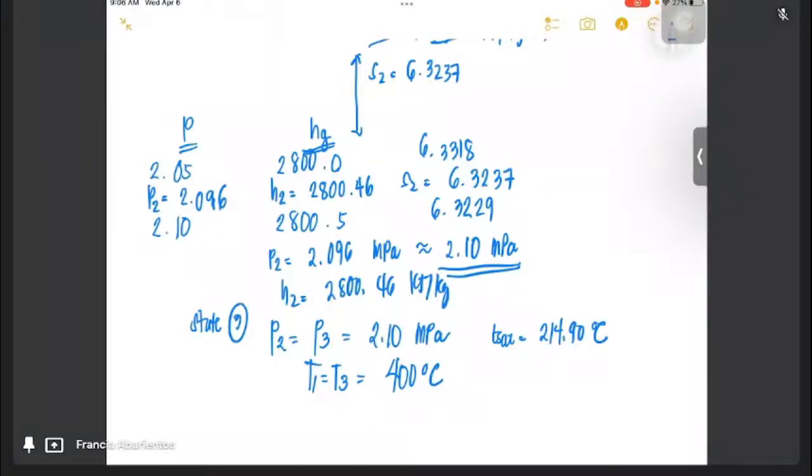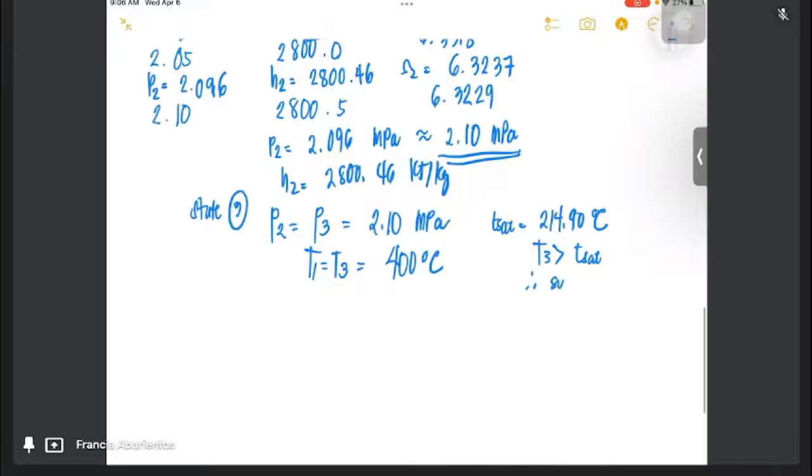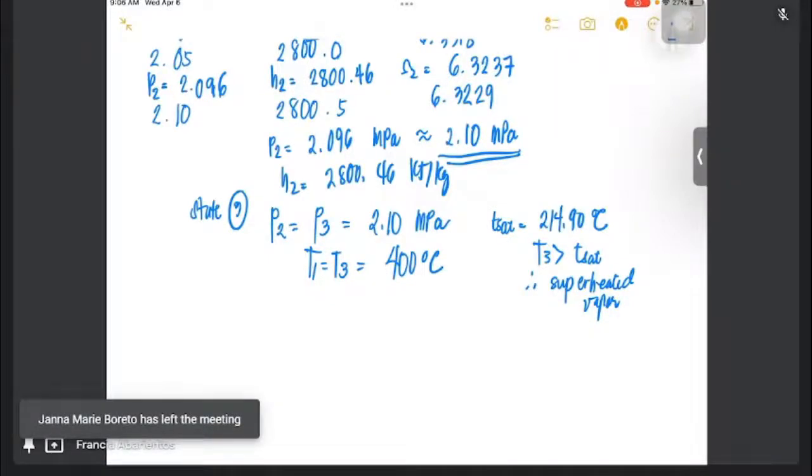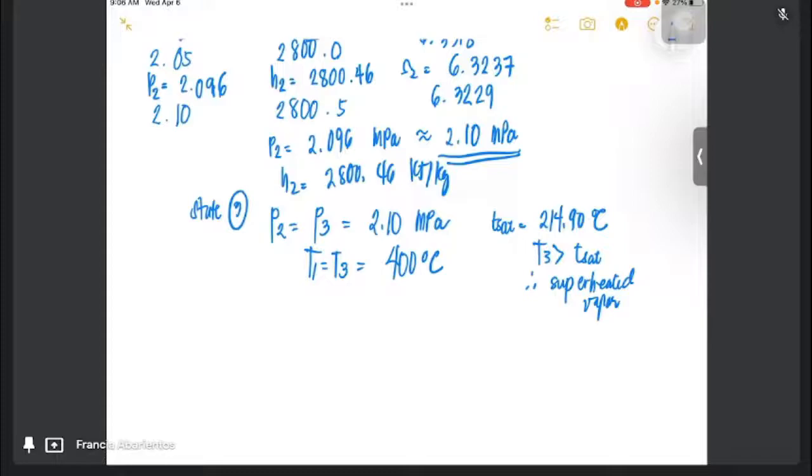Since T3 is greater than Tsat, pupunta tayo sa superheated vapor table. Okay? So, punta na kayo class doon sa 2.10. Anong page? The 2.10. Okay? So, that is now page 46. Page 46, 2.10.